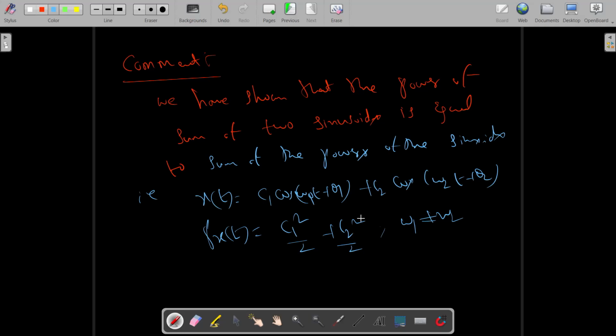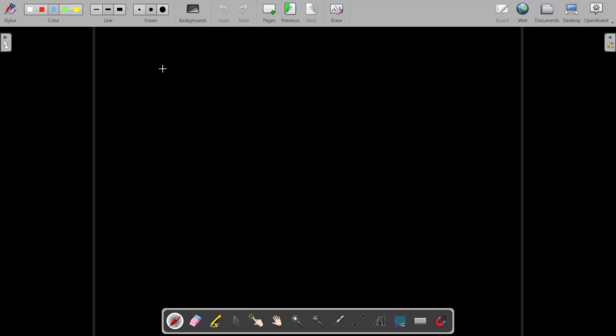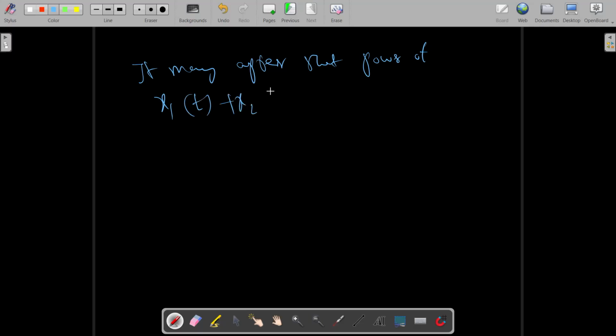Now with this, it may appear that the power of x1 of t plus x2 of t is p1 plus p2. It may appear that the power of x1 of t plus x2 of t is P x1 of t plus P x2 of t.